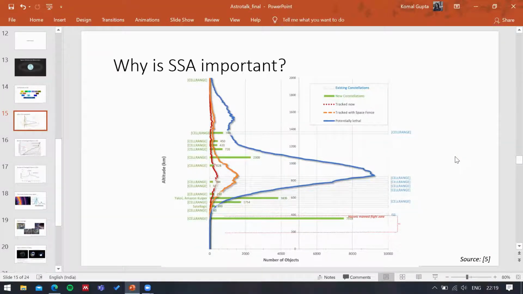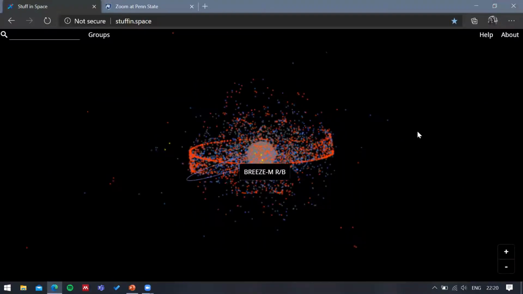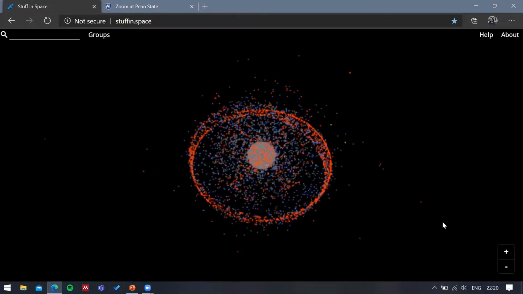So you can see that it's very important that we know where these are, that we know our space environment, and that we know where each of these objects are, so that we can plan in advance, and we can protect our assets in space.